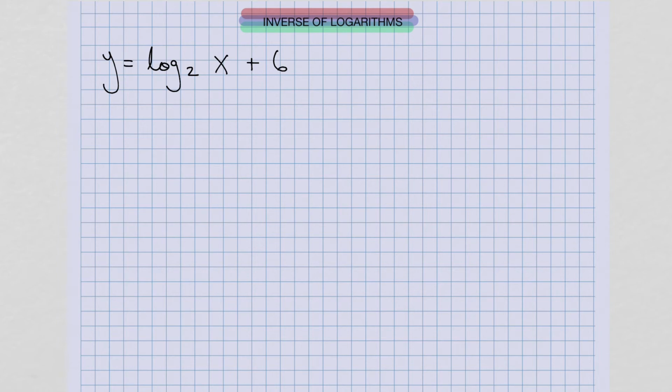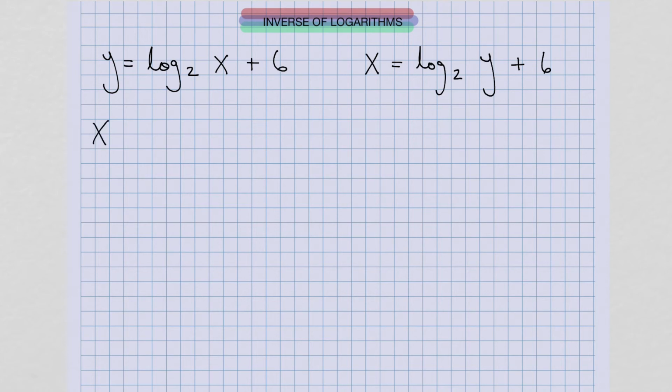Okay, so what we want to do is first thing we want to switch x and y. We want to transpose those. So now we have x equals log base 2 of y plus 6. Okay, first step when we're finding inverse is to switch out the x and the y. Okay, now solving for y, what we're going to do is subtract 6 from both sides.